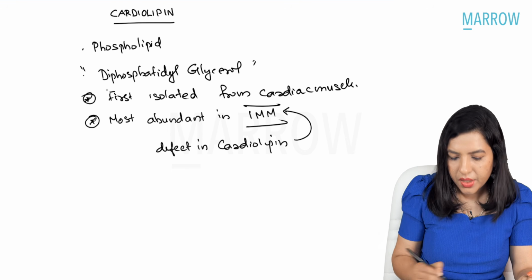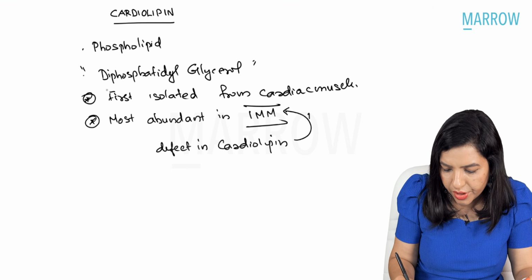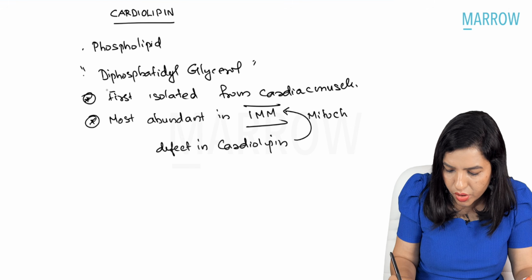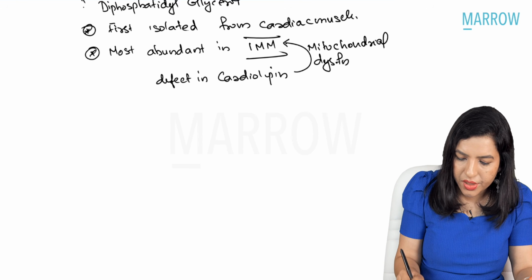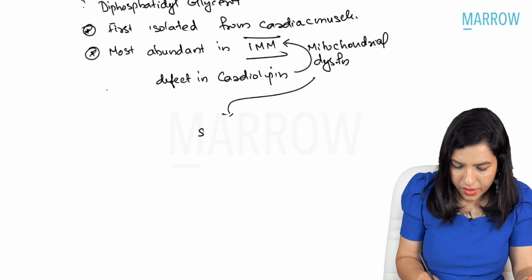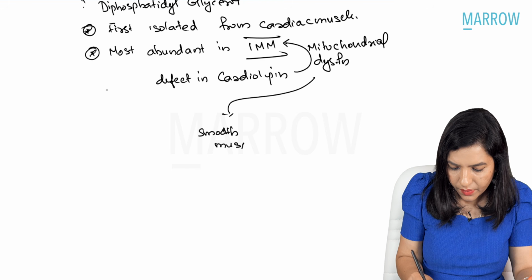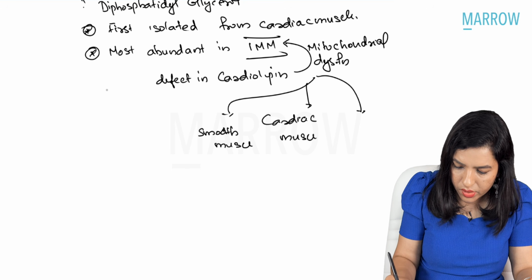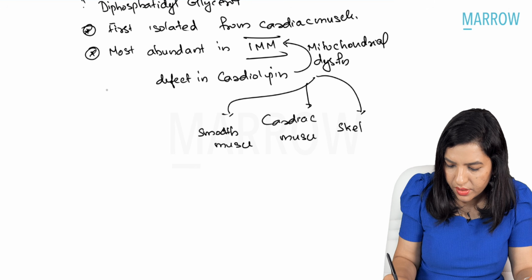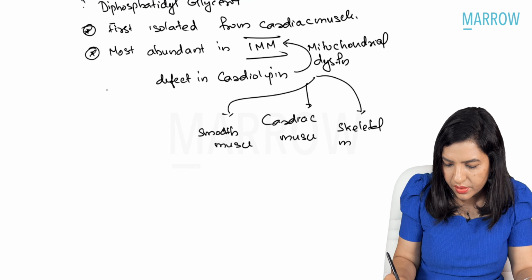So if there is a defect in cardiolipin metabolism, what will happen? It affects the mitochondria. So it is a mitochondrial dysfunction. This mitochondrial dysfunction can affect smooth muscle, it can affect the cardiac muscle, also skeletal muscle.